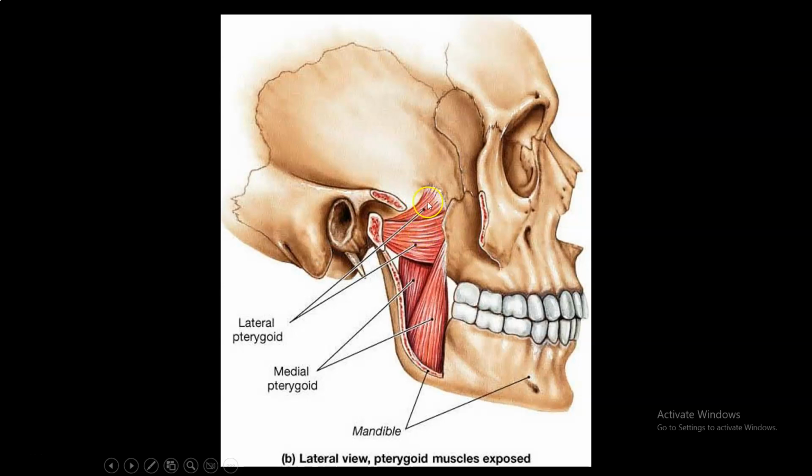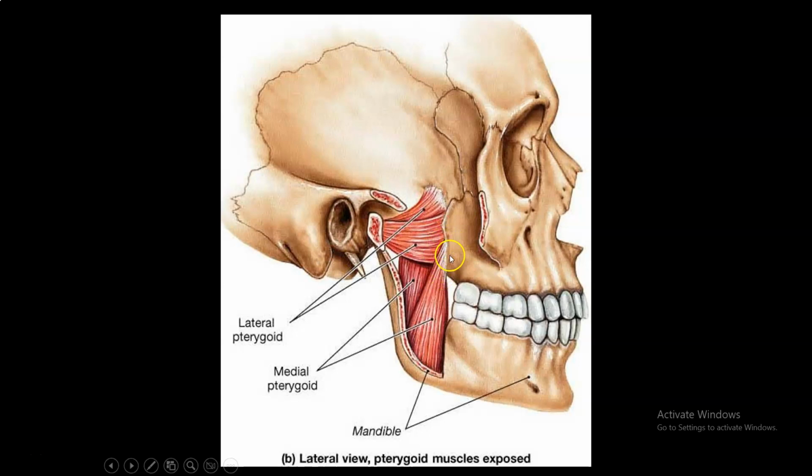The upper head arises from the sphenoid, from the outer surface of the greater wing of the sphenoid, and the lower head arises from the lateral surface of the lateral pterygoid plate, and it is forming the medial wall of the infratemporal fossa. And the medial pterygoid has a superficial head and a deep head.